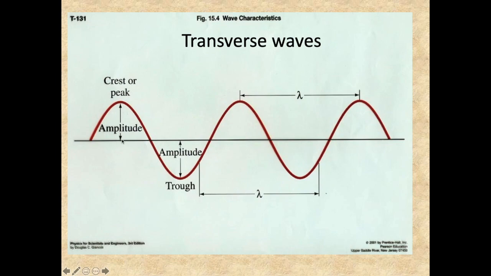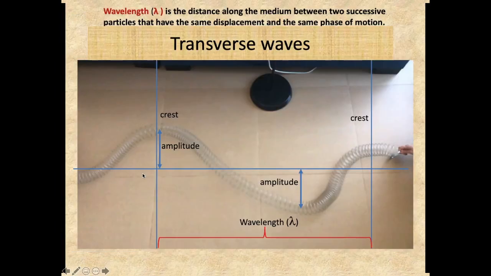So this is the equilibrium position of the motion of the particles. That would be one amplitude, and that would be another amplitude as shown here. Wavelength measured from one crest to the next, and amplitude measured from equilibrium point to a trough or equilibrium point to the crest.